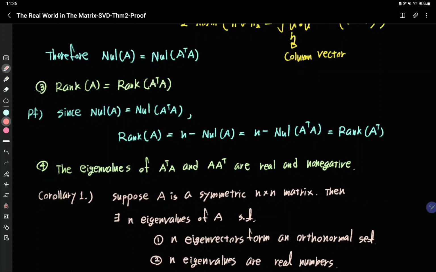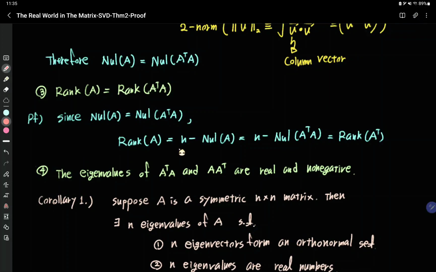Since in the previous statement we proved that the nullity of A is equal to the nullity of A transpose A, then rank of A plus nullity of A must be equal to n.